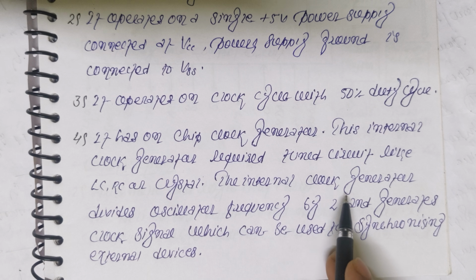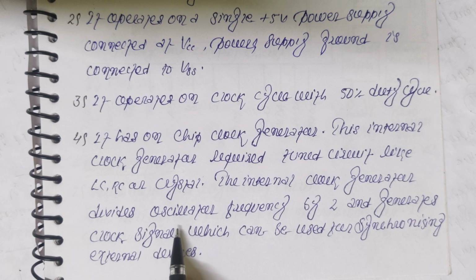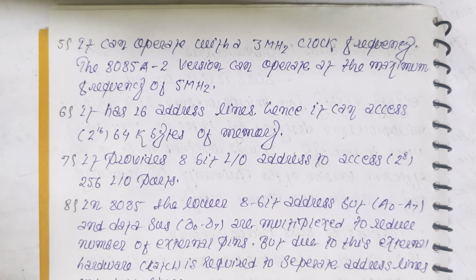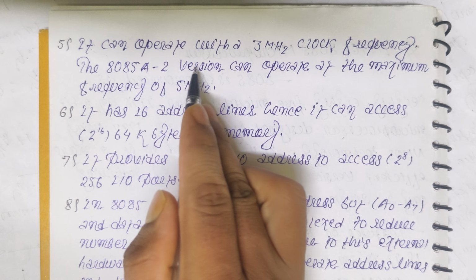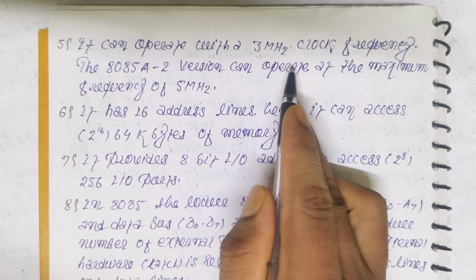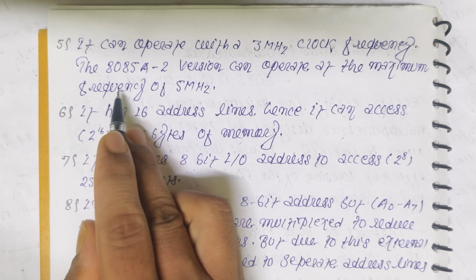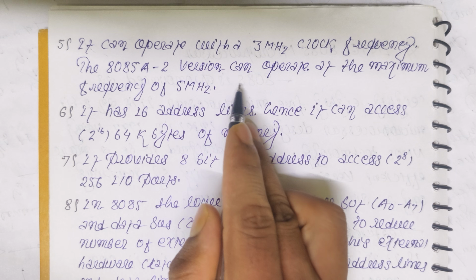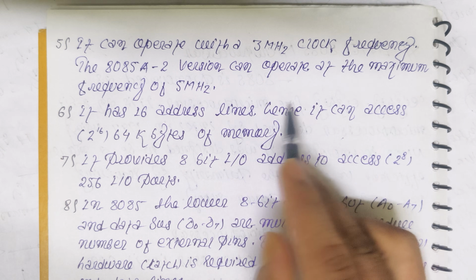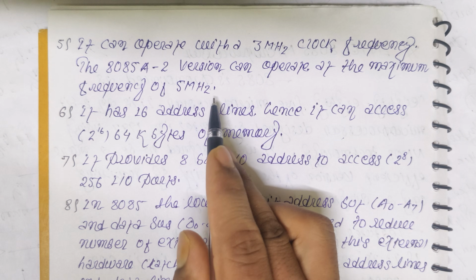The internal clock generator divides the oscillator frequency by 2 and generates a clock signal which can be used for synchronizing external devices. Fifth, it can operate with a 3 MHz clock frequency. The 8085A2 version can operate at a maximum frequency of 5 MHz.